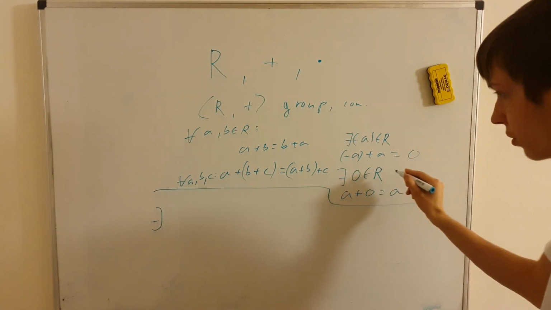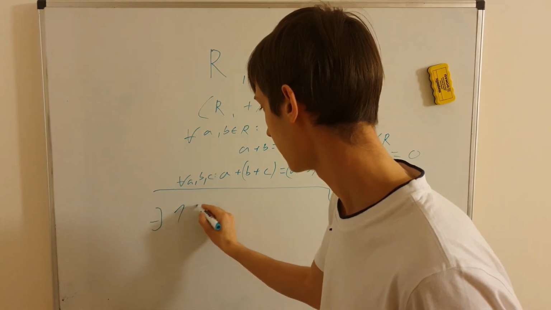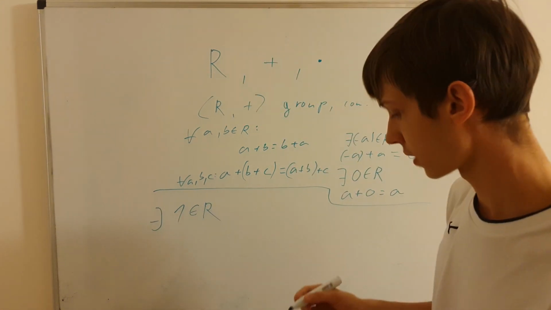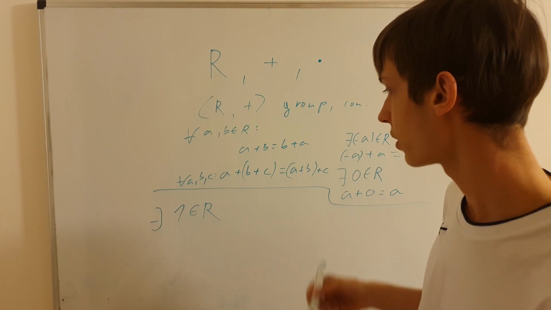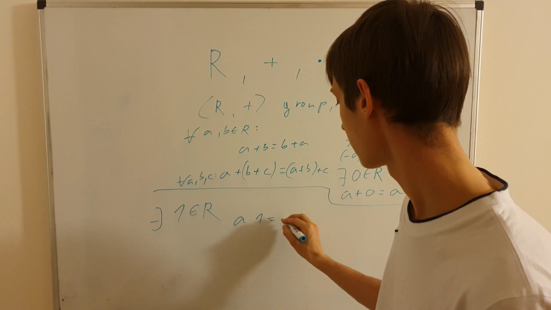Just like here it was called 0, now it will be called 1. And it exists inside the set R. What it means is that for any A, A times 1 equals still A.